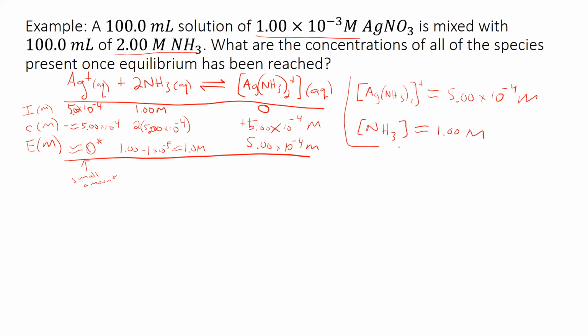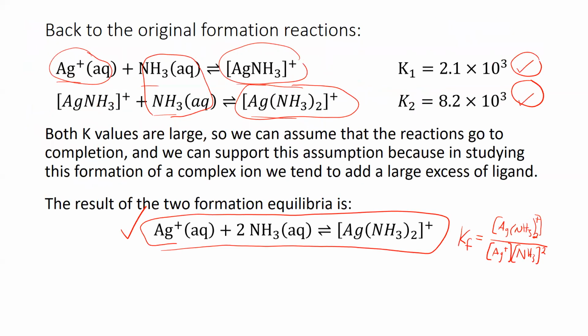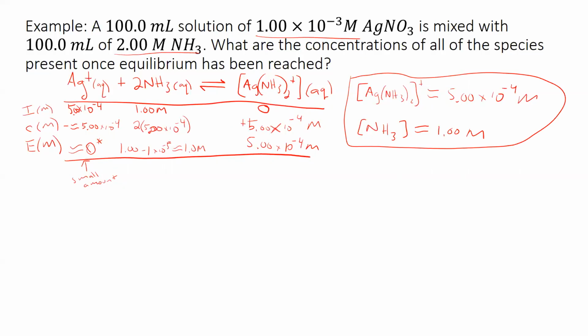So we've already figured out the concentration of two of those four things that are in the solution, the ammonia and the silver complex, at least to a certain extent. And we're going to use that in the next step to figure out the concentration of the other things.